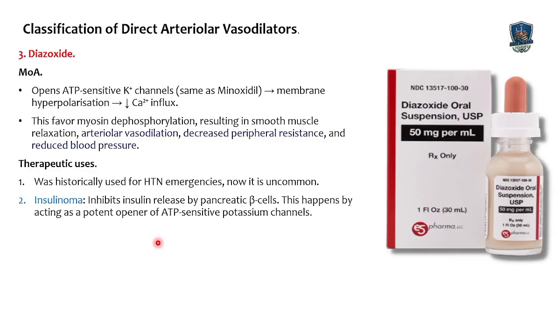The beta cells will have an increased positive charge, and the increased positive charge leads to cell depolarization. The cell depolarization opens the voltage gated calcium channels, and that will lead to calcium influx. So when the calcium enters the beta cells, what happens? The increased calcium in the cell will promote the exocytosis of insulin.